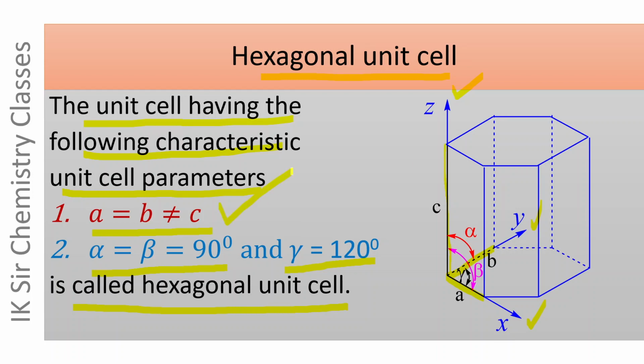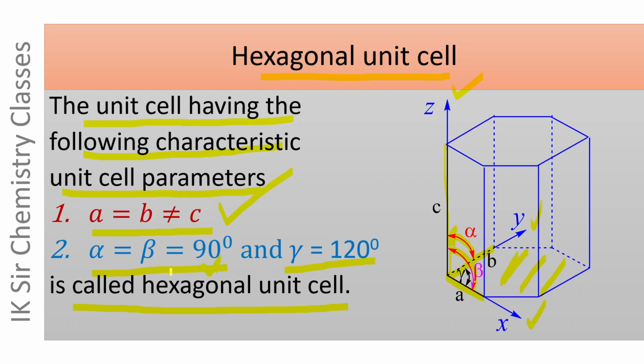This is the xy plane and the z-axis is perpendicular to it, and therefore the angle between y and z-axis, that is alpha, will be equal to 90 degree, and the angle between x and z-axis, that is beta, will also be equal to 90 degree.